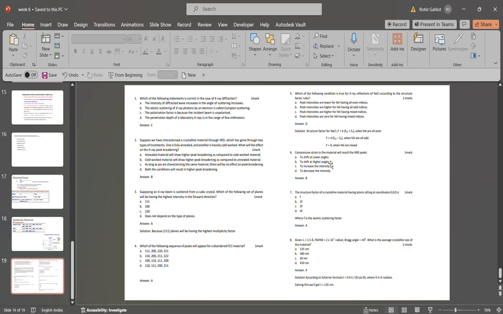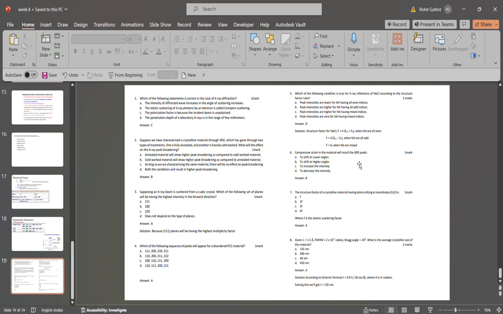Compressive strain in the material will result in the XRD peaks: the answer will be B, to shift to higher angles. Then the seventh one: the structure factor of a crystalline material having atoms sitting at the coordinate 0 0 0. The answer will be A, because for a crystalline material having atoms sitting at 0 0 0, you can use the formula directly and you will get this.